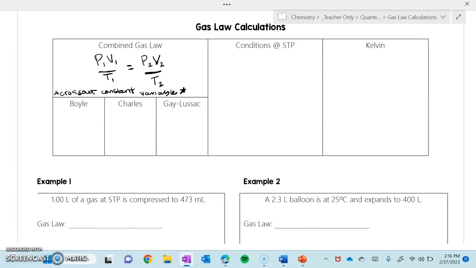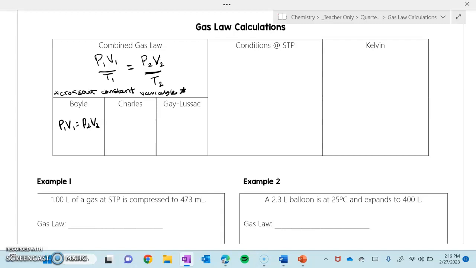So if we cross those out, we are just left with P1V1 equals P2V2. So there's our inverse relationship between pressure and volume: as one increases, the other will decrease. And mathematically, that's what will happen when we use this equation.